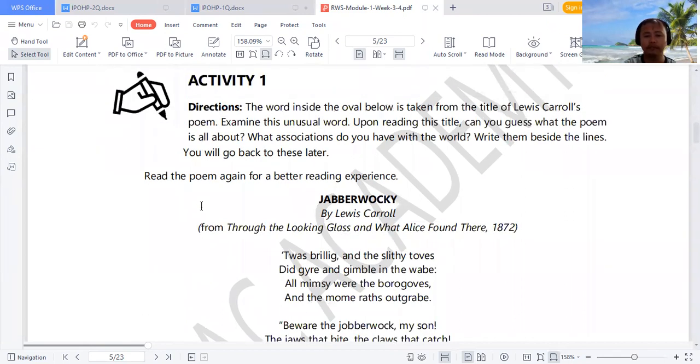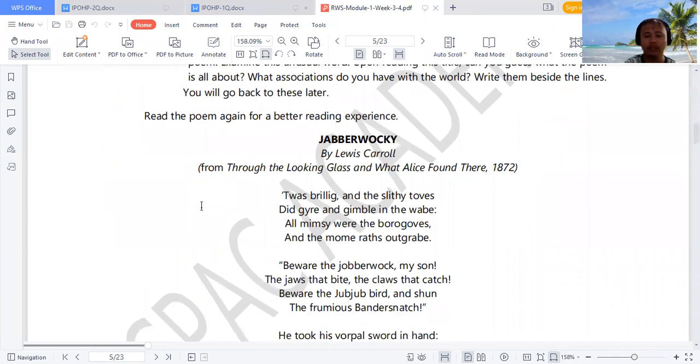Jabberwocky by Lewis Carroll. 'Twas brillig, and the slithy toves did gyre and gimble in the wabe. All mimsy were the borogoves, and the mome raths outgrabe. Beware the Jabberwock, my son, the jaws that bite, the claws that catch.